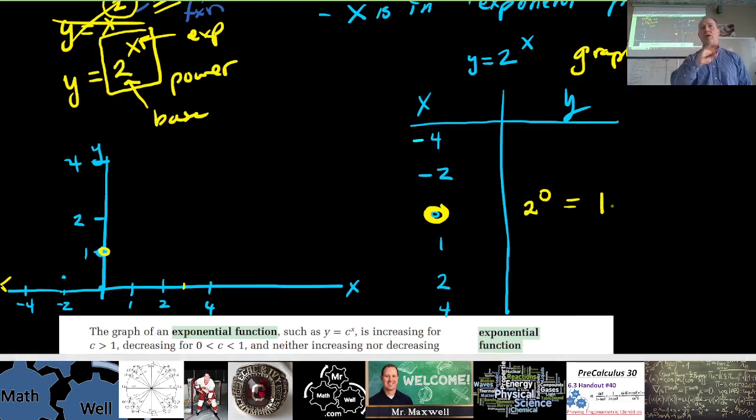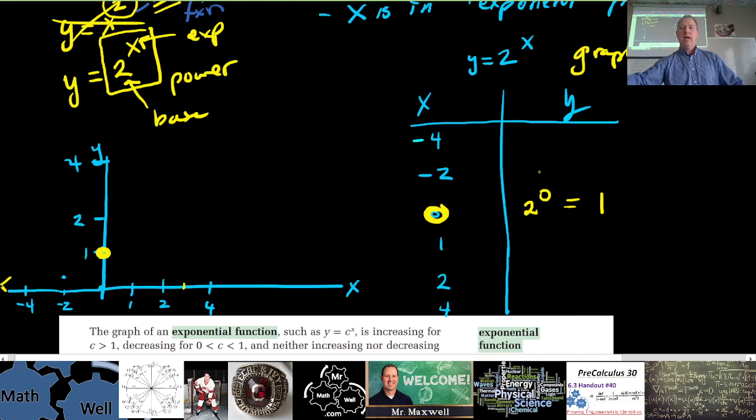So 0 to the power of 0 is no good. That's an indeterminate form. But any number, variable, expression, anything to the power of 0 is always equal to 1. And I won't talk more about that right now. That's another lesson. But (0, 1) is our first point. So there it is on the graph here.